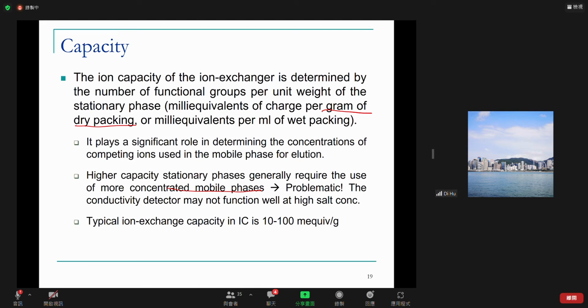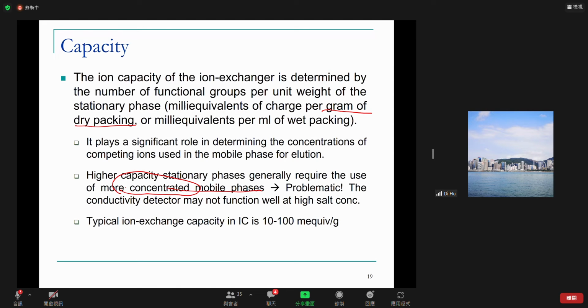If your mobile phase is a salt, an acid or a base, your mobile phase itself is conductive. And if you have a more concentrated mobile phase, that means more ions in your mobile phase, and then you have an even higher background in the conductivity detector.